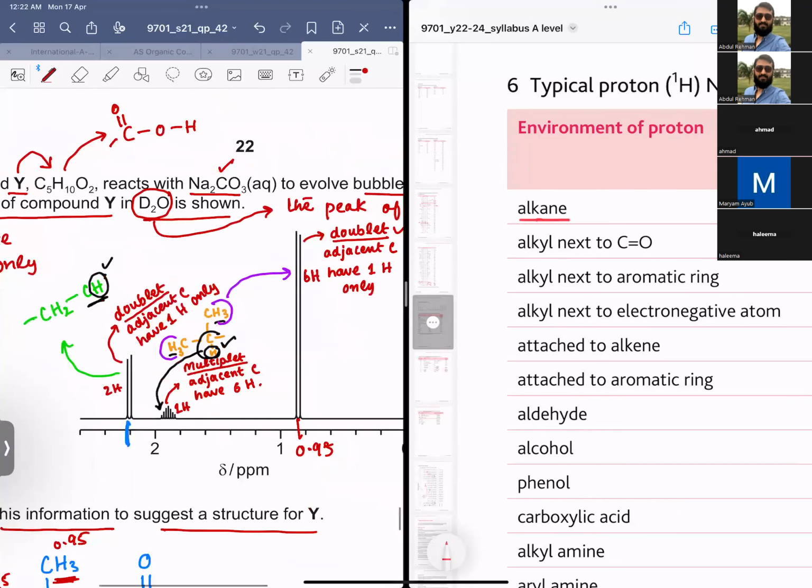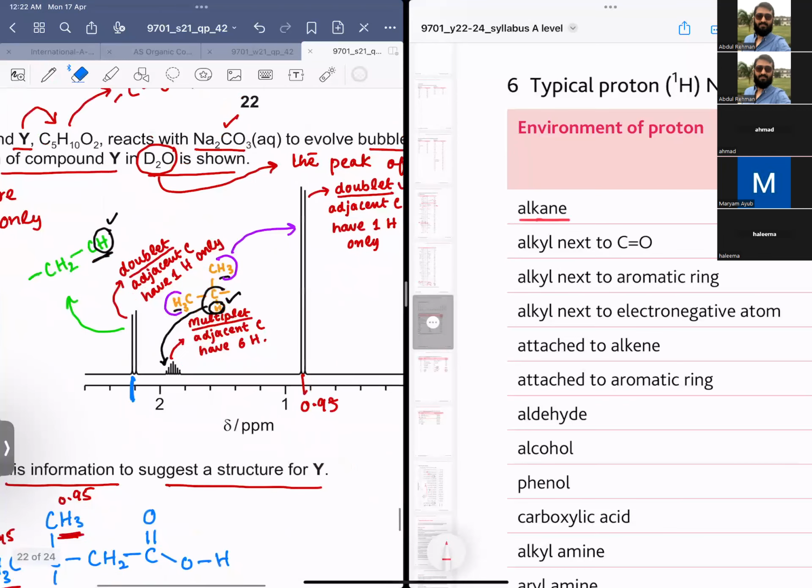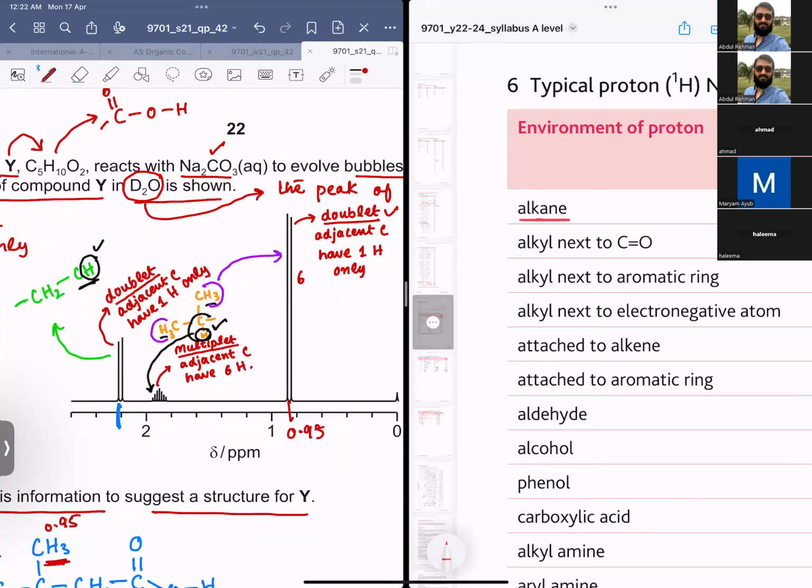Is it clear? Sorry, your voice completely cut out. Can you say again? Yes. The magnitude of the peak actually helps us to identify the number of hydrogens. See, there are 6 hydrogens, and that's why the peak at 0.95 has a very big magnitude.